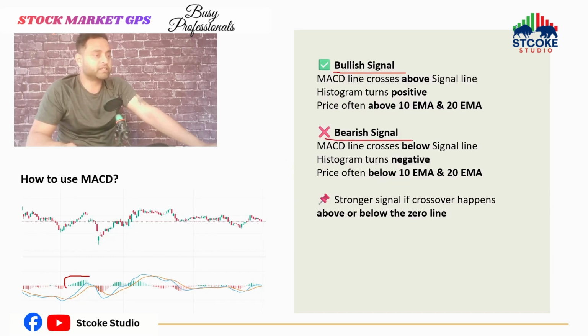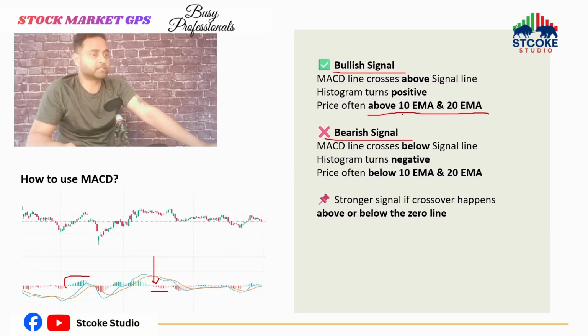When it becomes a bearish signal, when the MACD line crosses below the signal line and the histogram turns negative, correct? Then it is a bearish signal. And you can also further confirm this by looking at where price is at that point of time.